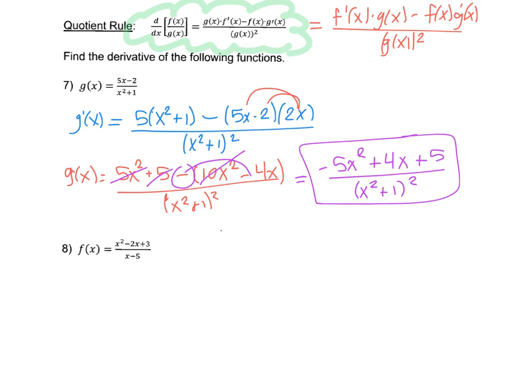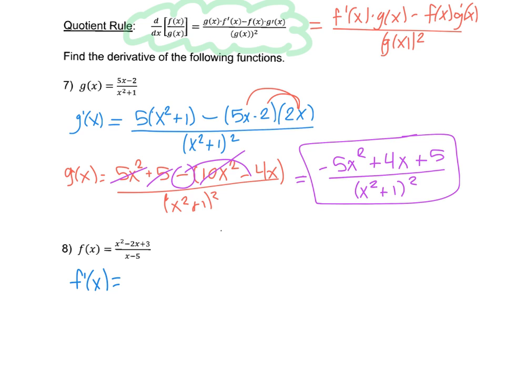All right, f prime. Following our formula here, it's going to be the derivative of the numerator times the denominator.